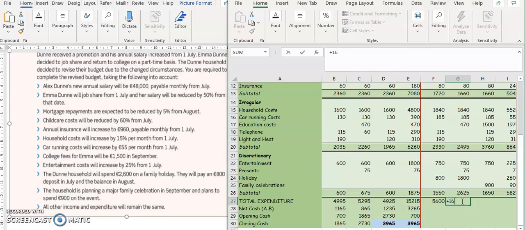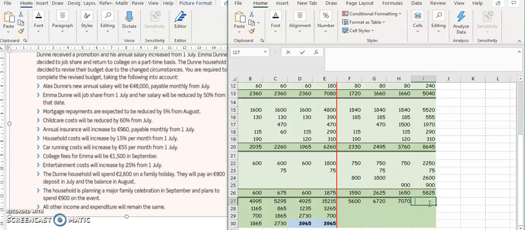So 1,600 plus 2,495 plus 2,625, and then 1,660 plus 3,760 plus 1,650.